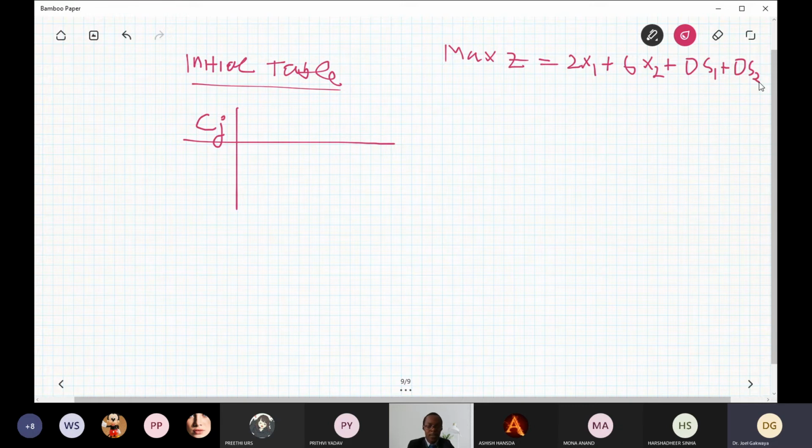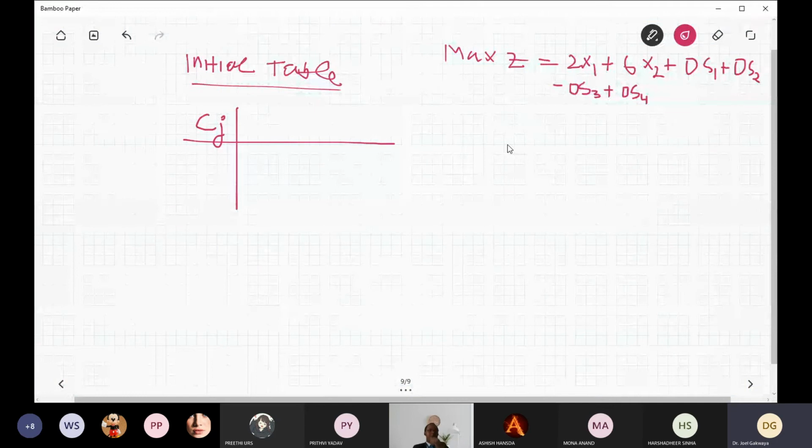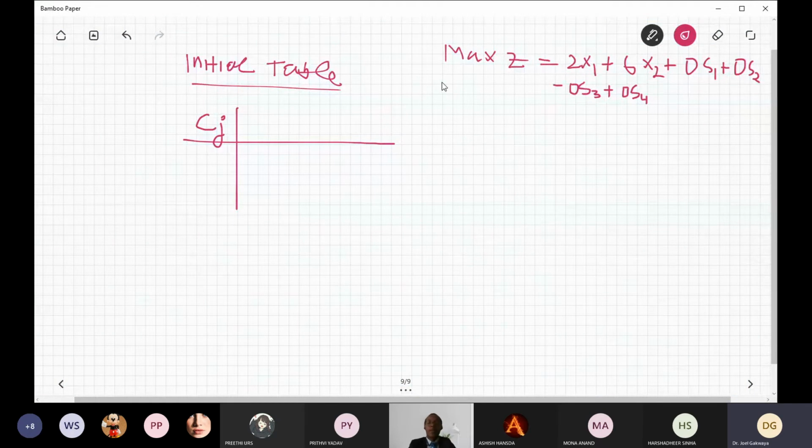The other one was a surplus, so we minus 0 s3, and the last one was plus 0 s4. Correct or wrong? So this is how we're going to solve. They are going to be the zeros.